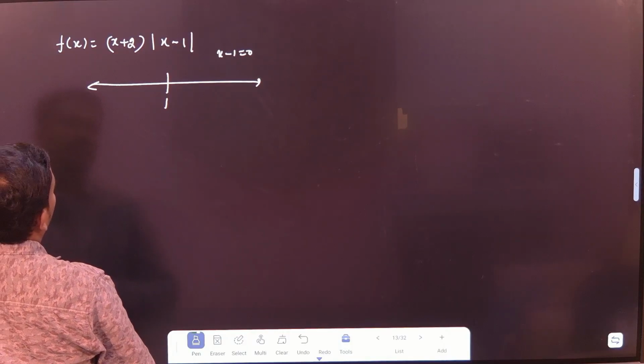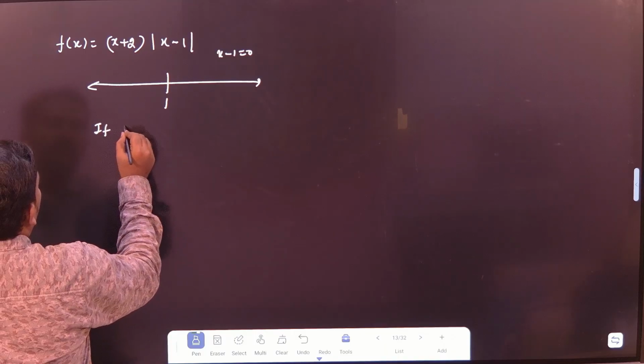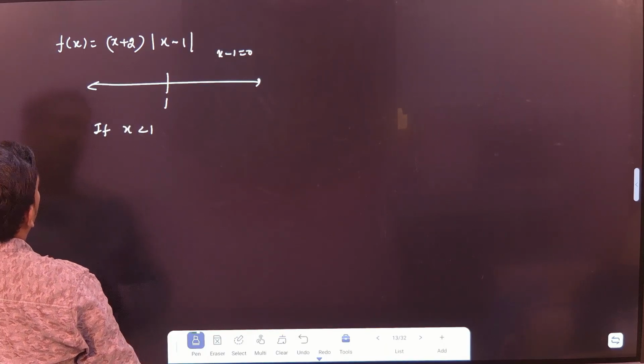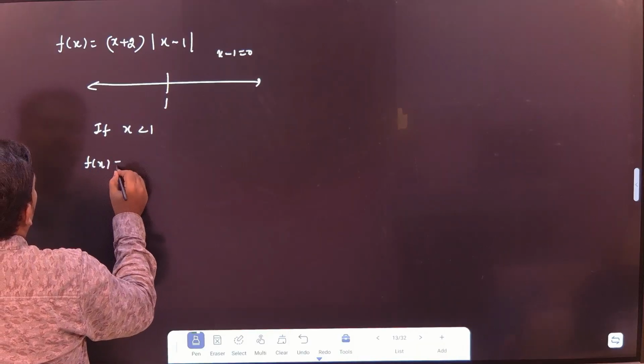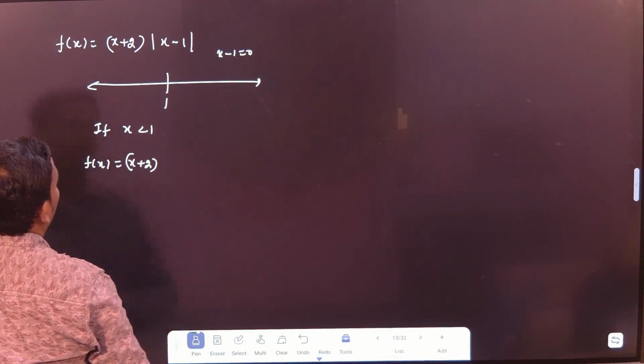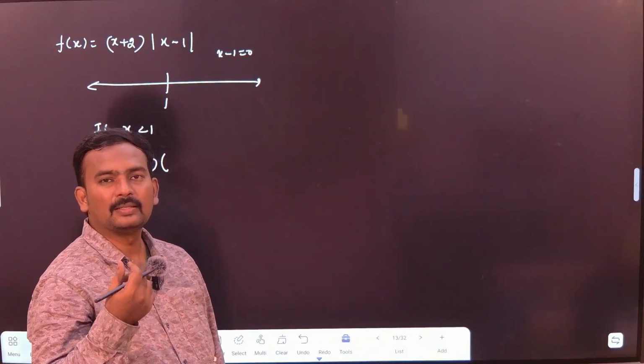If x is less than 1, then f of x is equal to x plus 2 into mod x minus 1. x is less than 1 means x minus 1 is positive or negative? x minus 1 is negative, right?